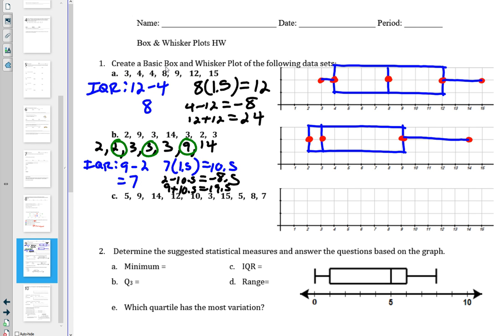I finished. So if you finish, you compare to mine and see if it's different.